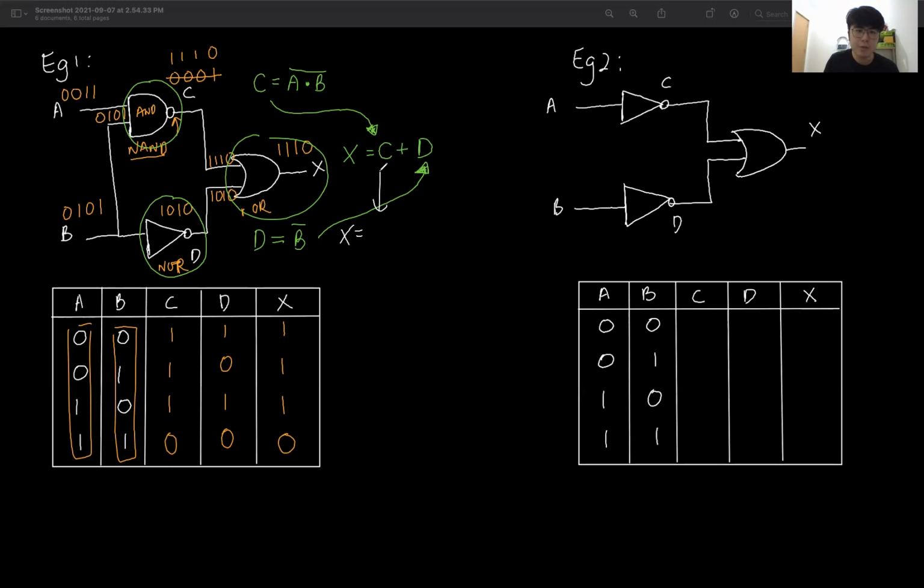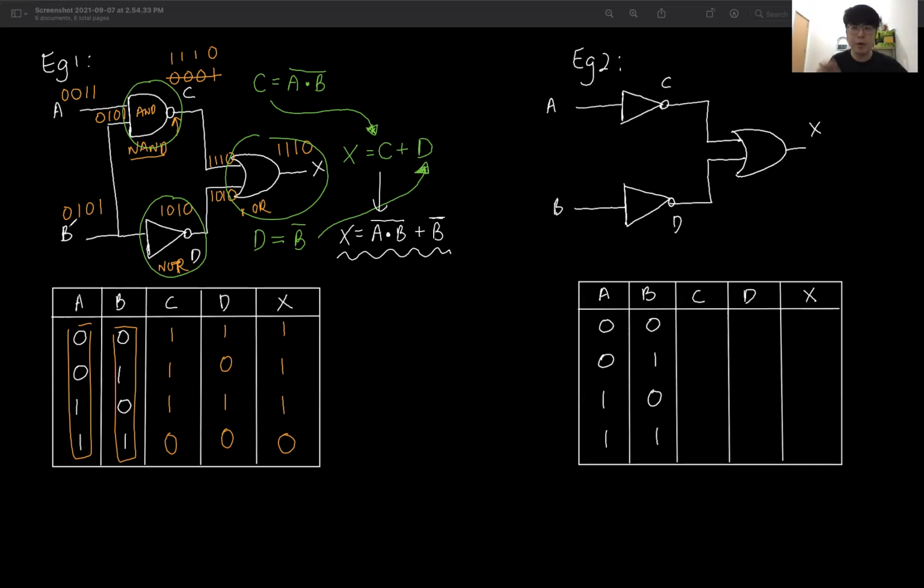X equals, I just copy inside, A dot B bar, and then plus B bar. Like this. So this is my Boolean expression, if they want you to write out the Boolean expression for the complete circuit.